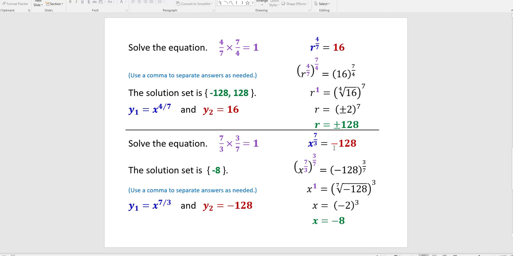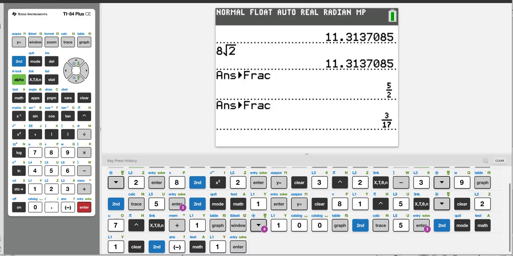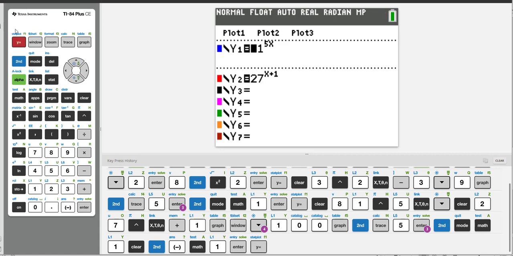Now let's solve this using the TI-84 calculator. Press Y equals. Press clear to clear Y1. Type in X and press the caret key. You must use X and not R in the TI-84. In fact, all variables must be changed to X before the TI-84 can solve their equations.